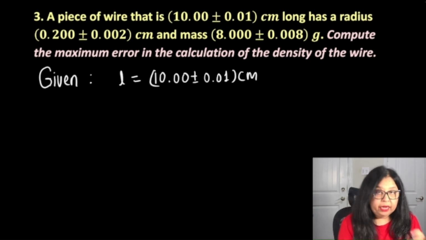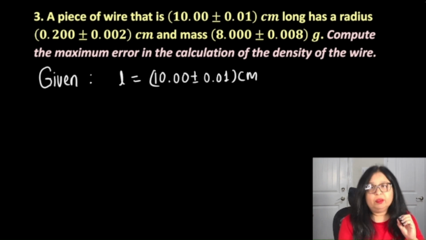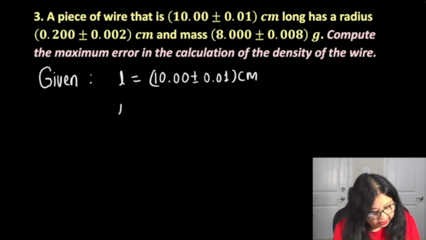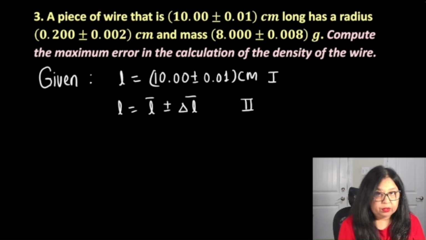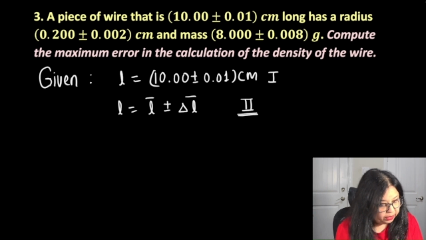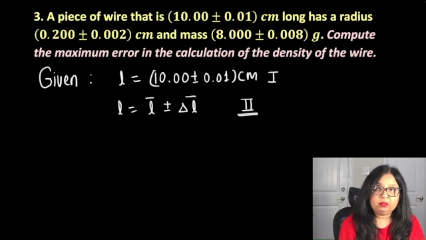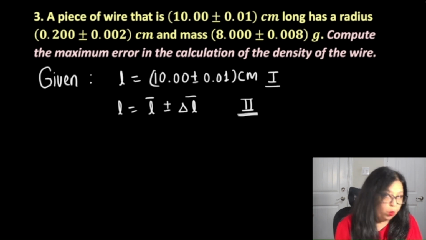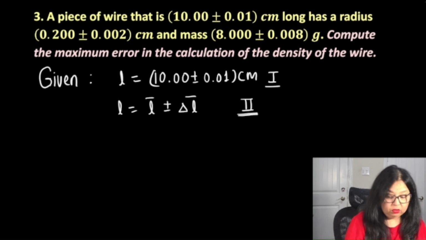Now, I did not do it in the last problem, but I'm going to do it here. In terms of just the symbols, I'm going to write L as L bar plus minus delta L bar. Okay. So here, equation 2, it's written in terms of symbols. It's a symbolic equation, while equation number 1 is written in terms of numeric values.